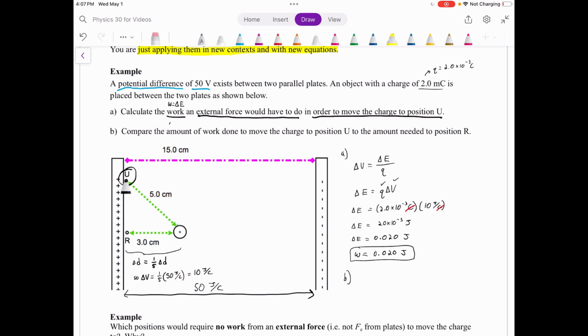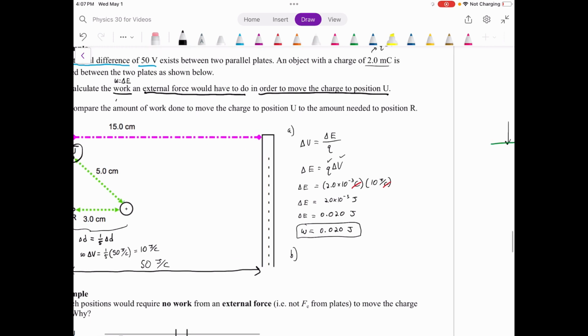It's the same. The component of the movement that's parallel to the plates does nothing to give or take away its energy. Only moving it this way does. And since U and R are in the same location horizontally speaking, the exact same amount of work will need to be done to move it to R as to U. So it's the same.